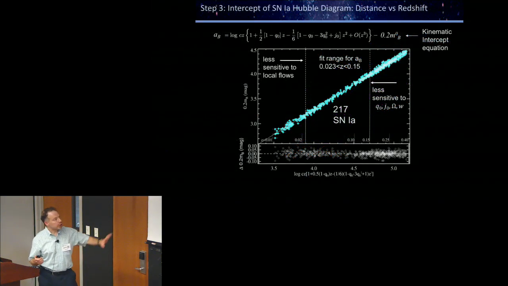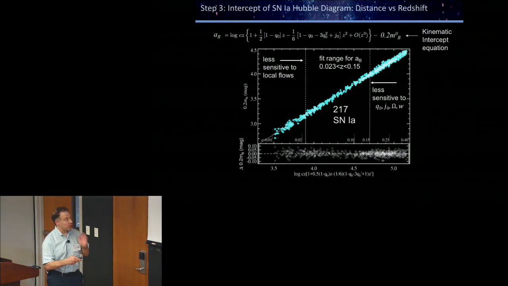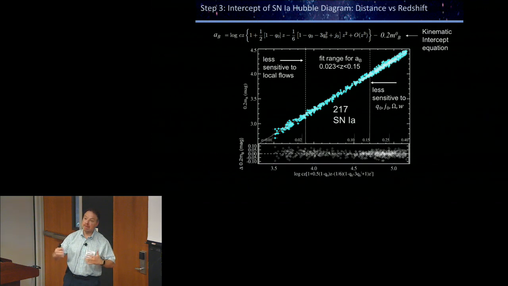Okay, so the third step is actually, it's easy only because we've been working for so many years collecting lots of supernovae, but this is just the Hubble diagram of type 1a supernovae. Now, in the past, we have measured this not too close because you don't want to be sensitive to local flows, the non-Hubble flow type motions, which could bias your answer.